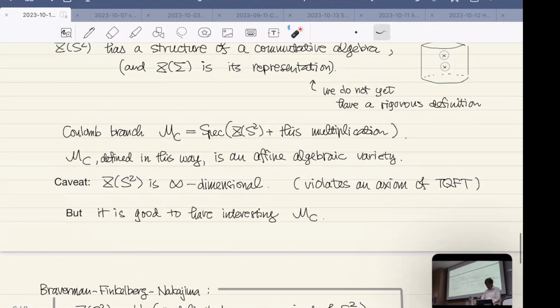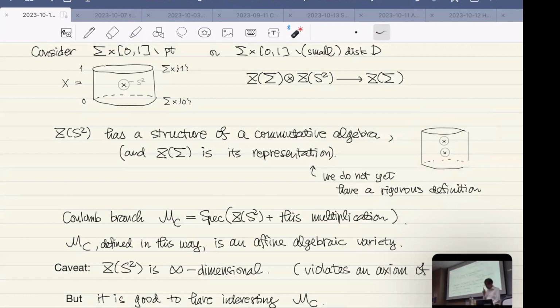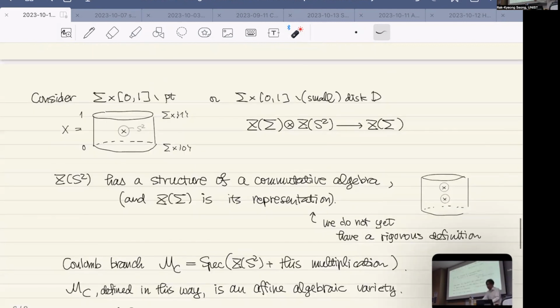But there's one difference. When I try to explain why this multiplication is commutative, I just move these two balls in a horizontal way and then switch the order.